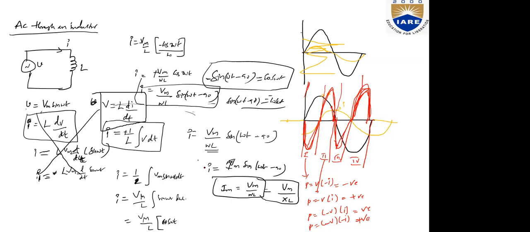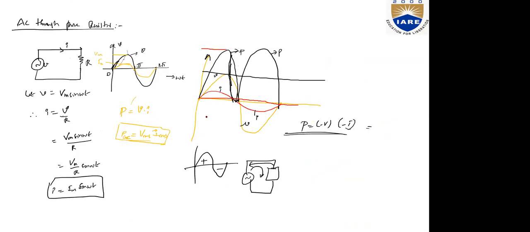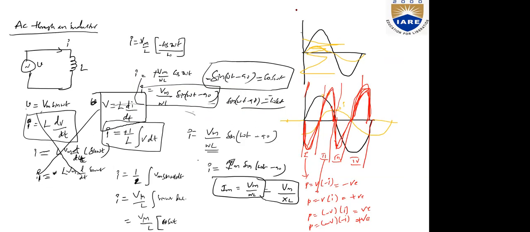What is the relation between voltage and current? What is the equation for current in a capacitor? V equal to Q by C, sir. I think we have to take charge.